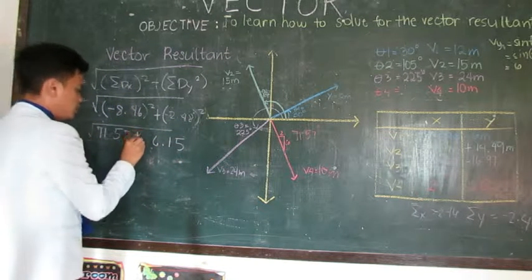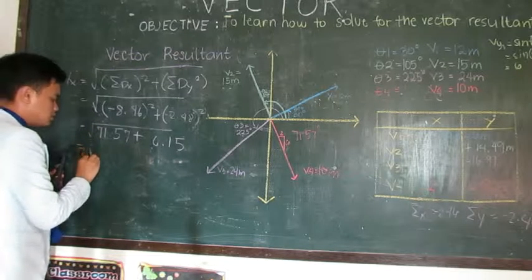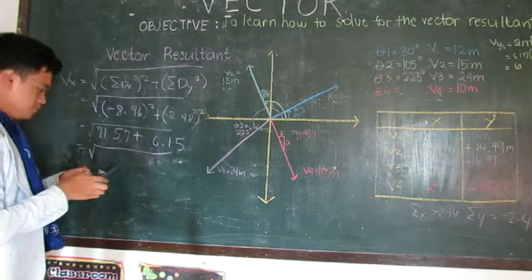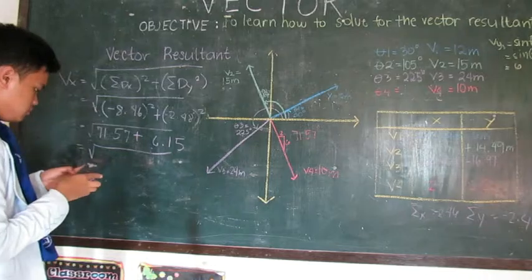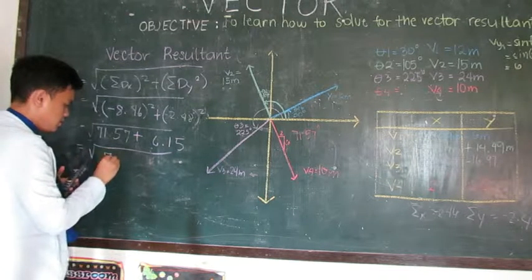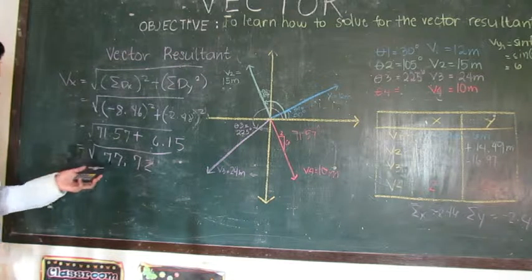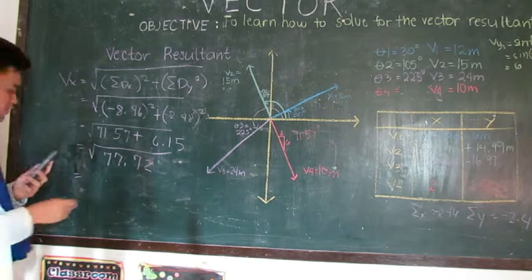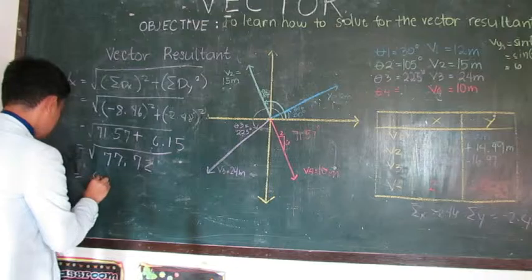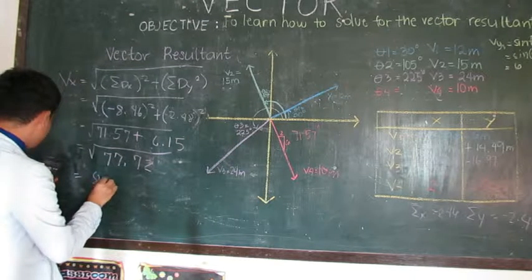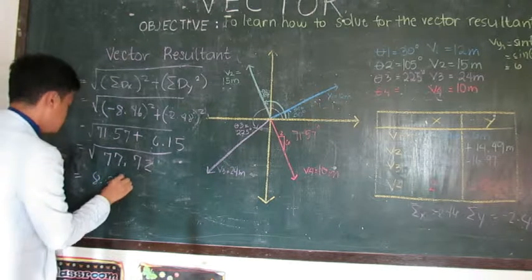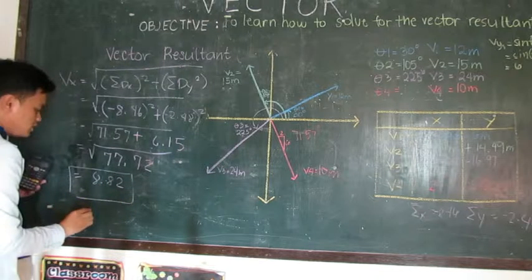Now we're going to get this sum, which is 77.72. Lastly, we're going to get the square root of this, and it will give you 8.82. This now is our vector resultant.